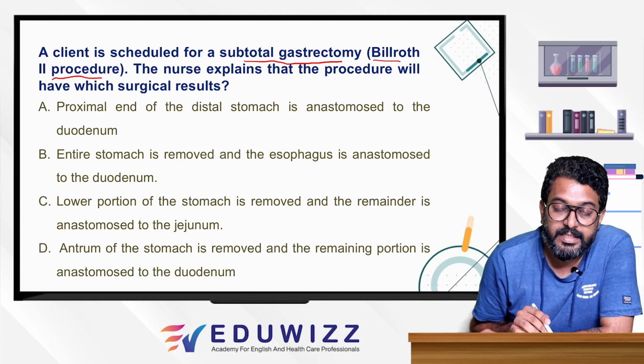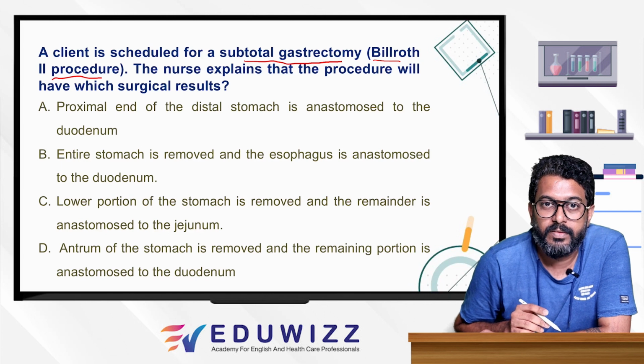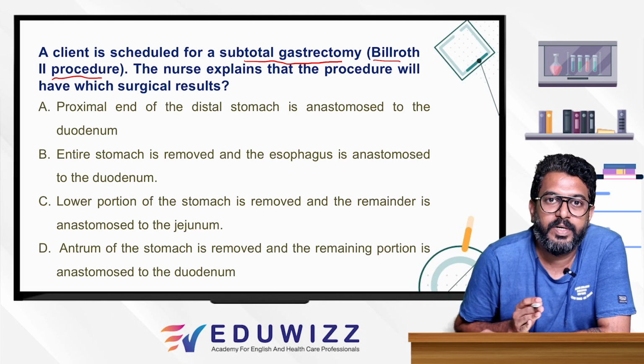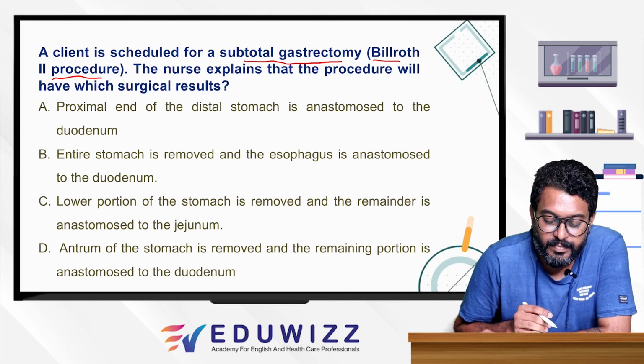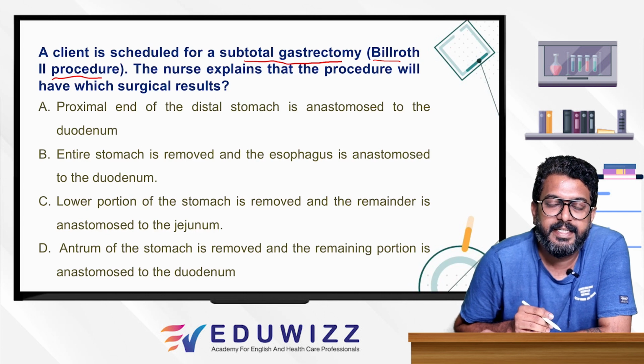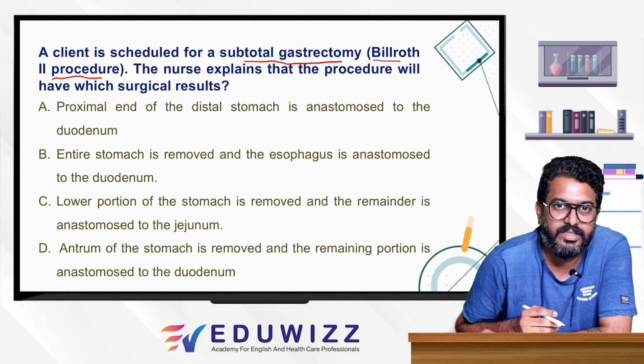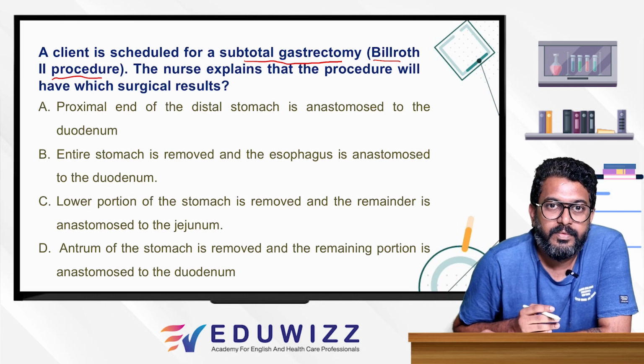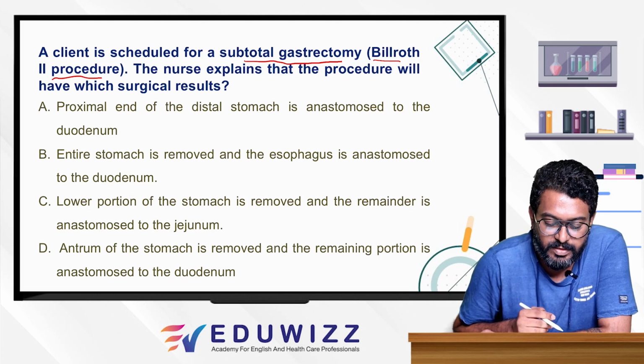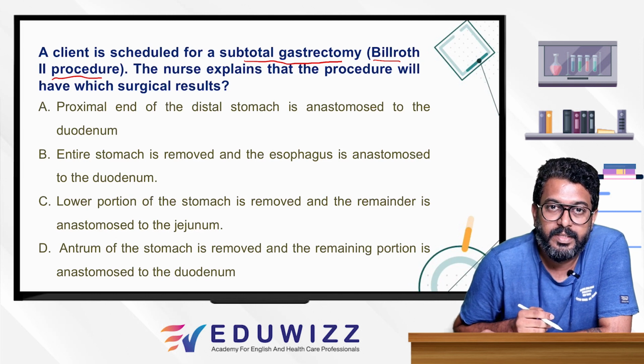Subtotal gastrectomy is a surgical procedure of partial removal of the stomach, which is commonly indicated in gastric cancers, gastric ulcers, gastritis, and even in gastric tumors. There are two types of partial gastrectomy, Billroth 1 and Billroth 2.